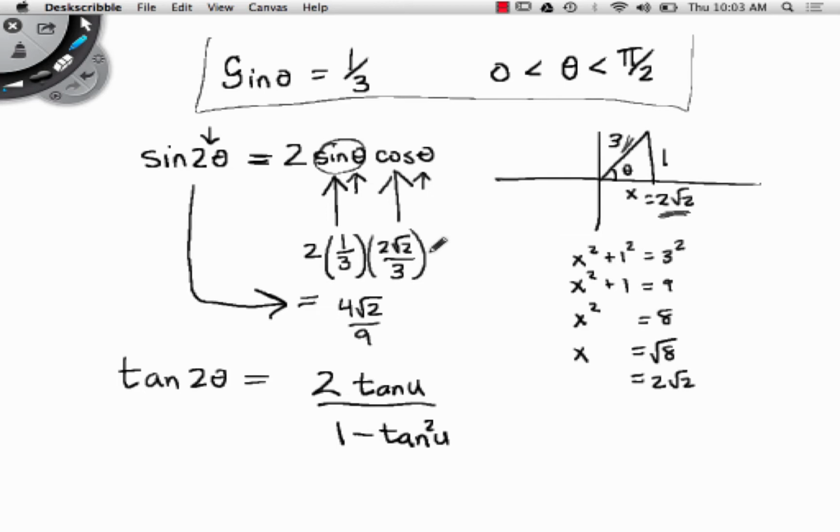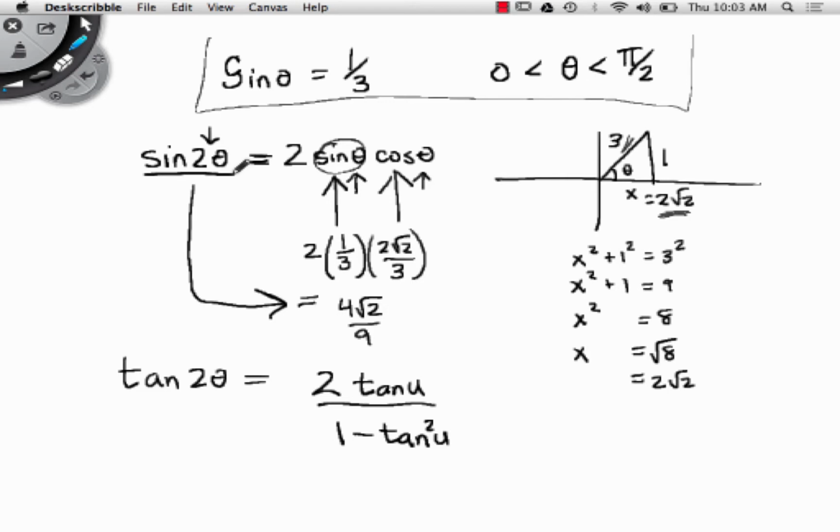If you were dealing with a half angle, that would also be 5.4. If you were given a problem like this, where you want to know the sine of twice the theta, then you're going to be dealing with 5.5.